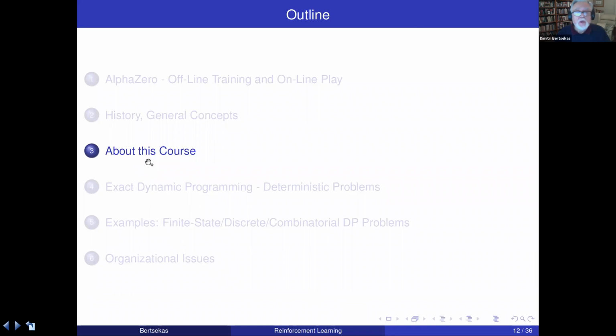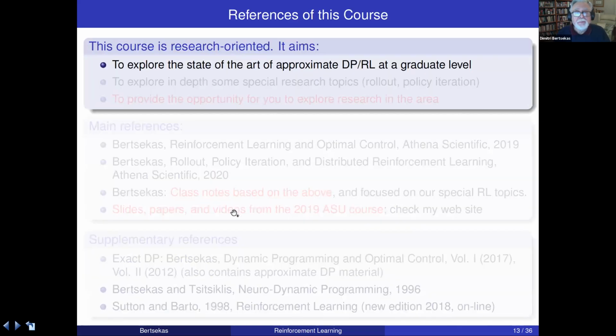Okay, so now let me say a few things about the course. Our course is research-oriented. We want to explore the state of the art at a graduate level. Some special research topics are going to receive more attention, like rollout, policy iteration, and the ideas of offline training.